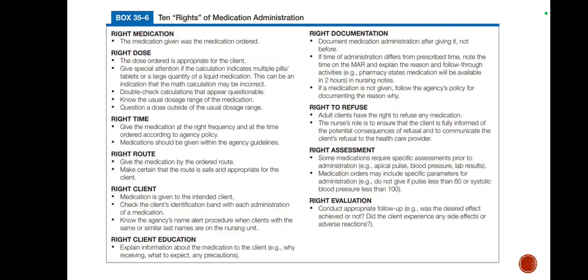Adult clients have the right to refuse any medication. The nurse's role is to ensure that the client is fully informed of the potential consequences of refusal and to communicate the client's refusal to the healthcare provider.